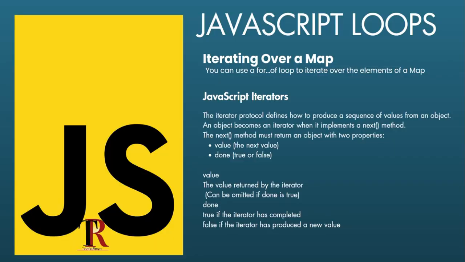So moving away from this, we'll be talking about JavaScript iterators. The iterator protocol defines how to produce a sequence of values from an object.